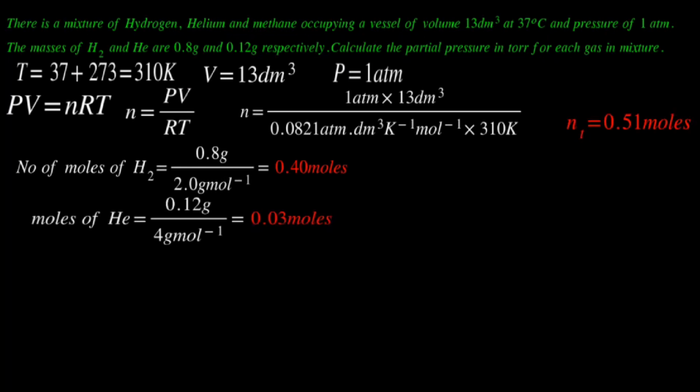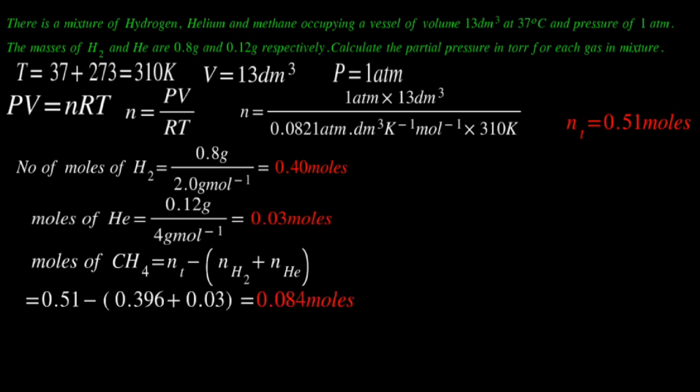And from the data, we can find the number of moles of methane by subtracting the number of moles of hydrogen and helium from the total number of moles, right? And it will result in 0.084 moles.